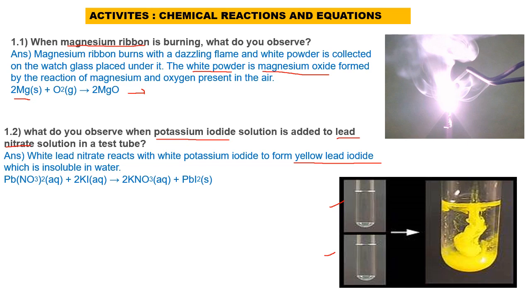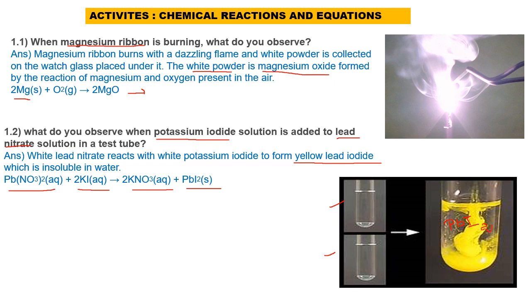So the reaction goes here: Pb(NO3)2 plus KI gives KNO3 and PbI2. The yellow color is nothing but our PbI2, lead iodide.